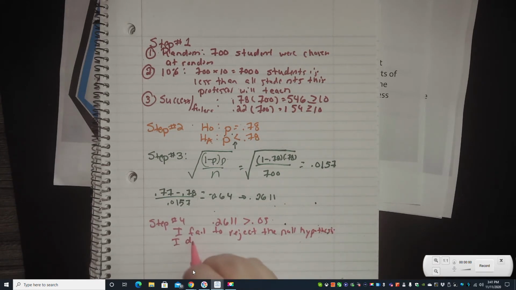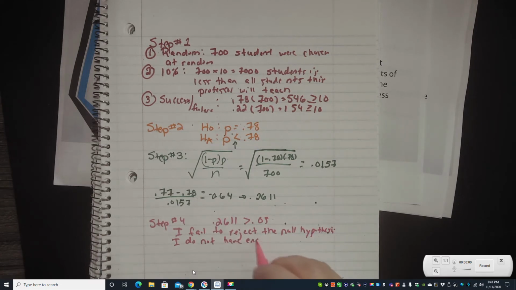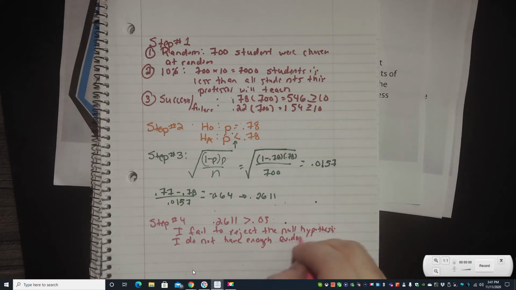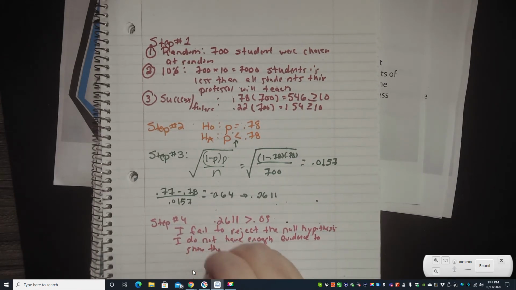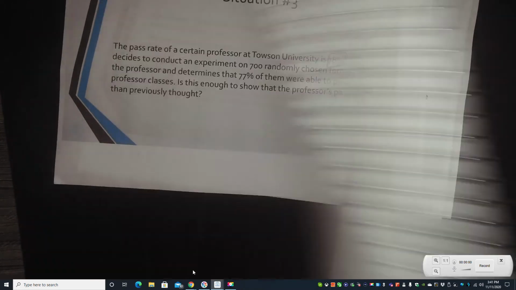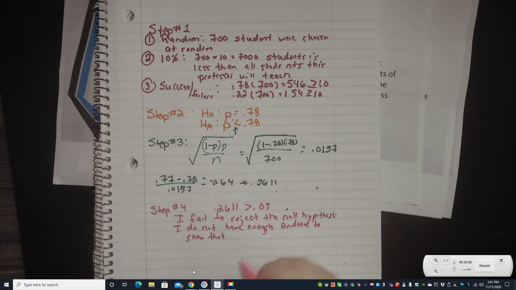I do not have enough evidence to show that, let's see, the professor's pass rate is less than previously thought.